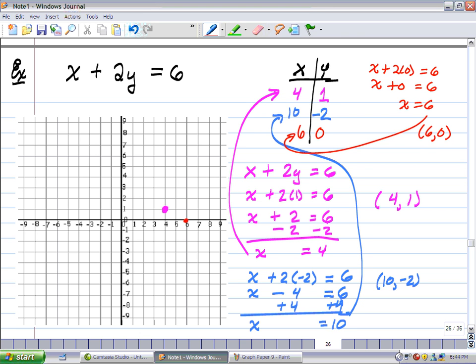Here's the 6, and I go until I'm across from the 0, which is automatically true. And you can see 10, -2 would be down over here somewhere. It looks like it would go through there, but I don't actually have to try and draw it on there. All right, let's see if I can draw something that looks like a line through there.